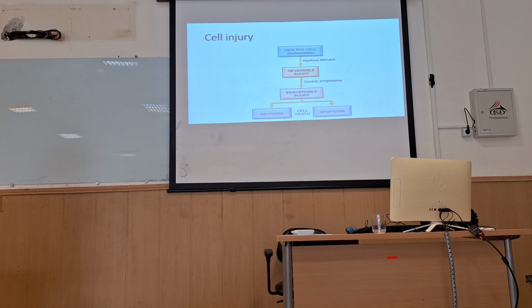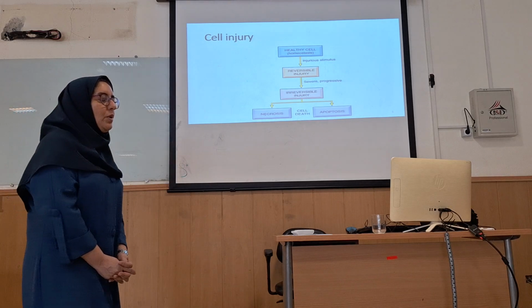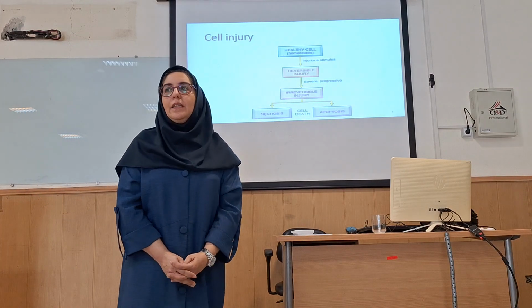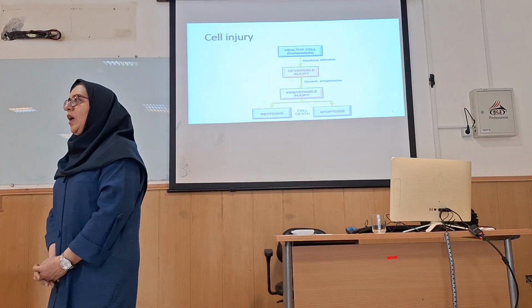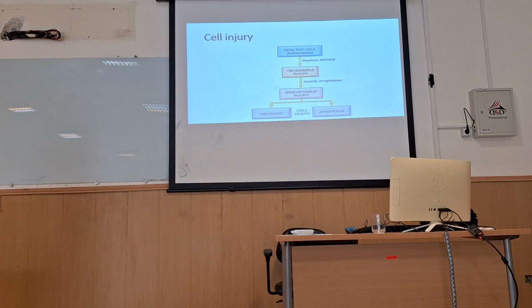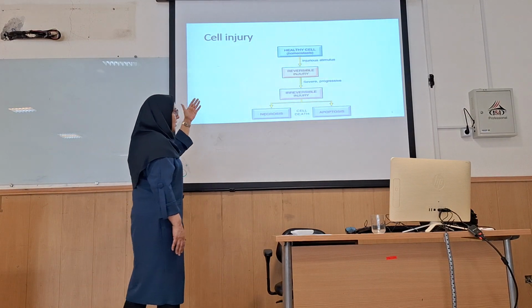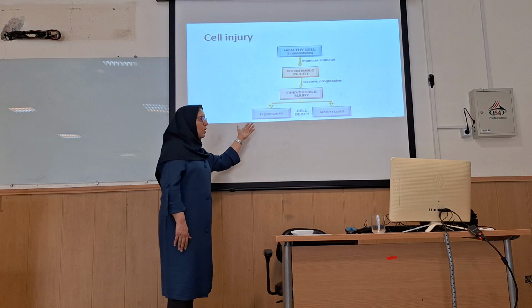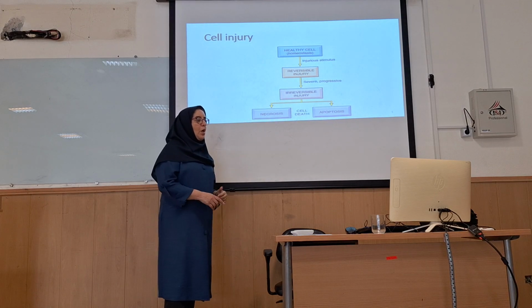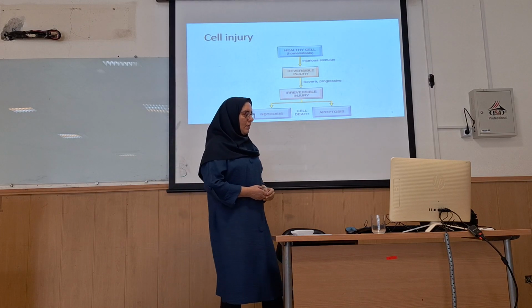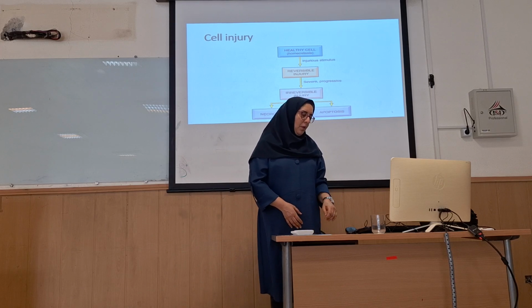In irreversible cell injury is the point of no return and we have cell death. We have two common patterns of cell death, necrosis and apoptosis. We discussed all of the morphologic patterns, reversible injury, irreversible injury, necrosis, apoptosis, morphologic change, and also pathogenesis.